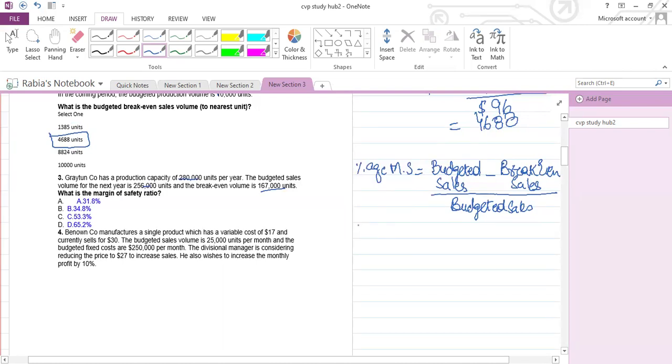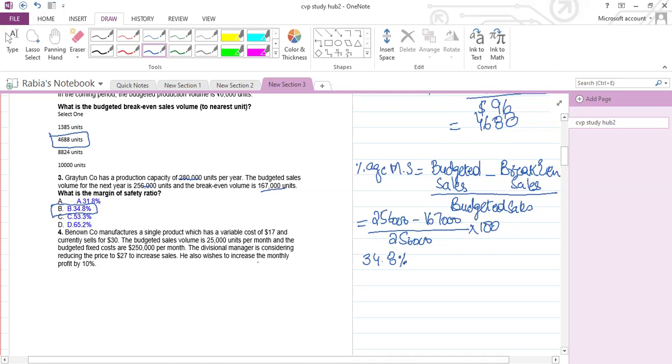Now, what is your budgeted sales? Budgeted sales is 256,000 minus break-even 167,000 units, divided by 256,000, multiplied by 100. So you will get your answer, that is 34.8%. Option B is the right option.